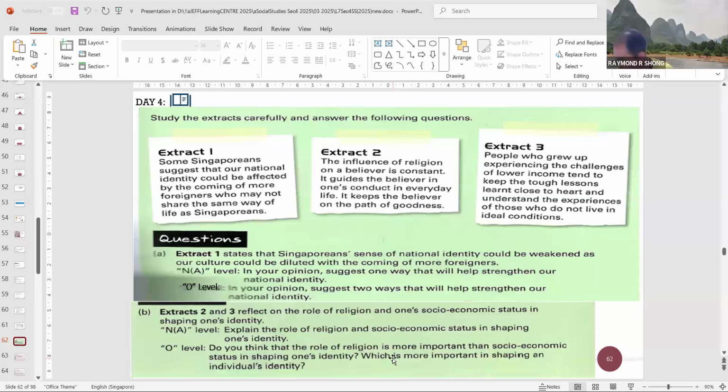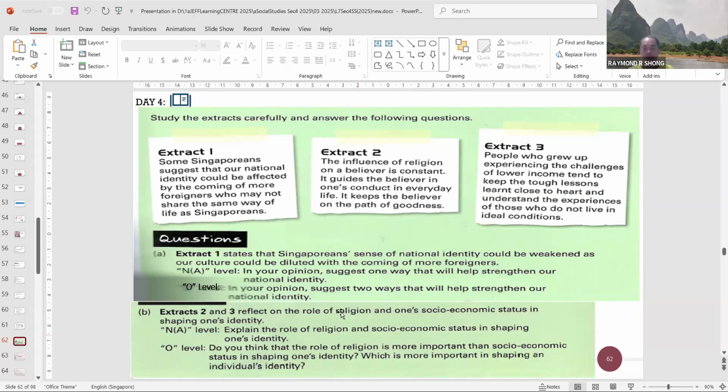Give me a minute, sorry. Okay, so explain the role of religion and socio-economic status in shaping one's identity.